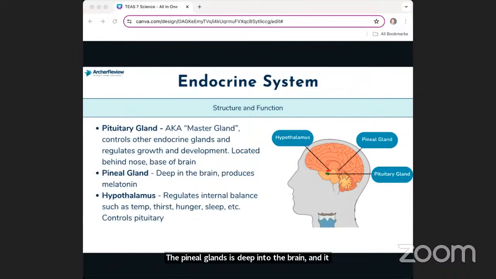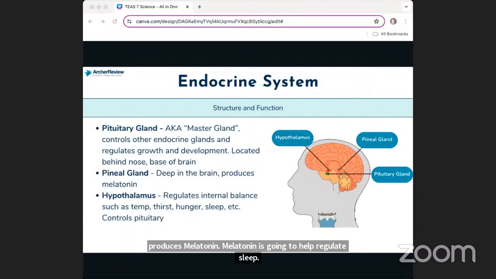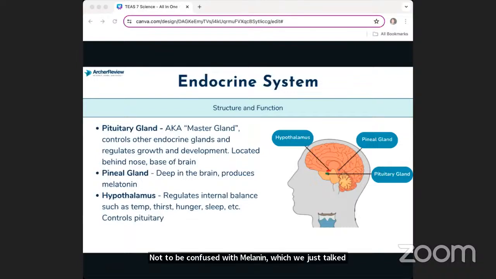Melatonin is going to help regulate sleep, not to be confused with melanin, which we just talked about in the integumentary system. Another structure is the hypothalamus. This is going to regulate the internal balance, such as temperature, thirst, hunger, sleep.